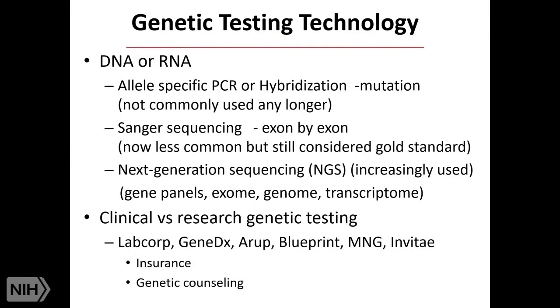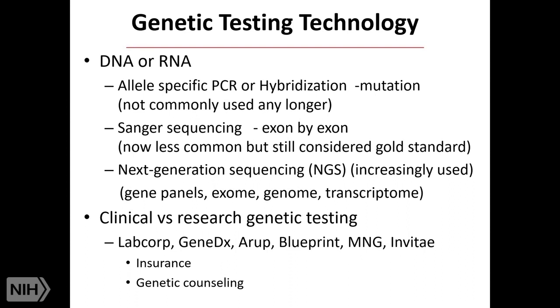All right, so how do we do genetic testing? Old school, we used to do very mutation-specific testing, and that was either done by hybridization or by allele-specific PCR. That's not used very much anymore. The old school way of sequencing, which still is considered the gold standard and oftentimes is used to confirm something, is Sanger sequencing, and that's usually an exon by exon type approach.